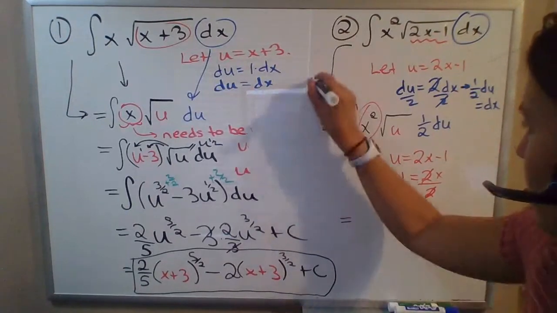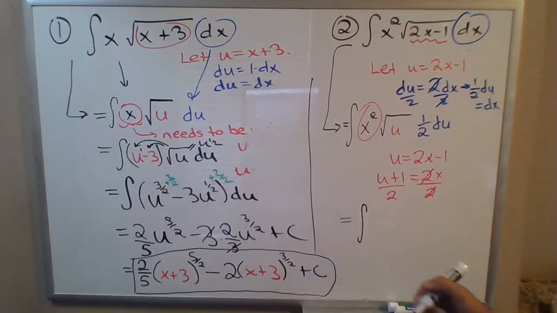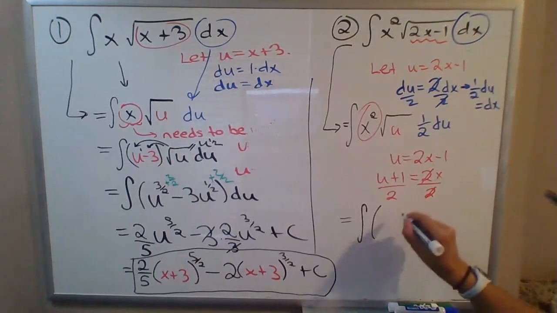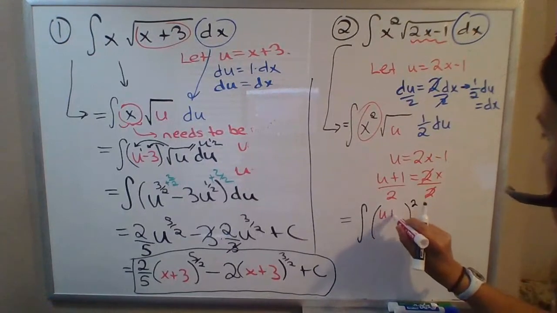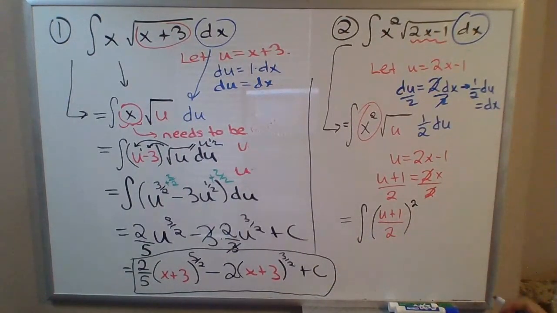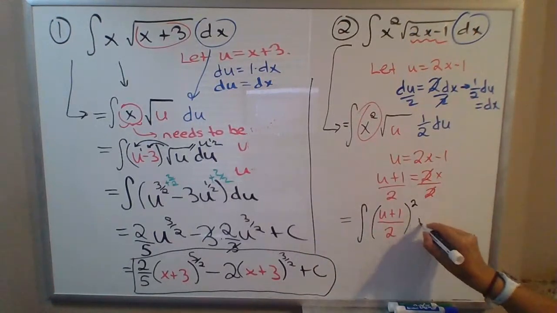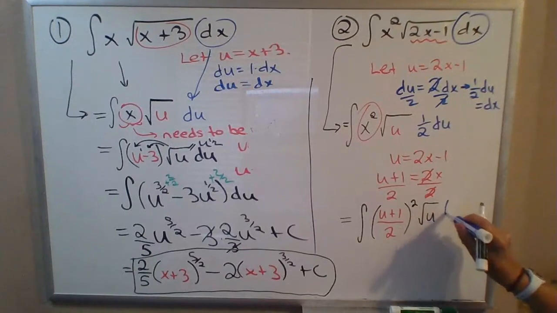So this, let's see, x squared will equal u plus 1 all over 2, squared, times the square root of u, and then we've got our 1/2 du.